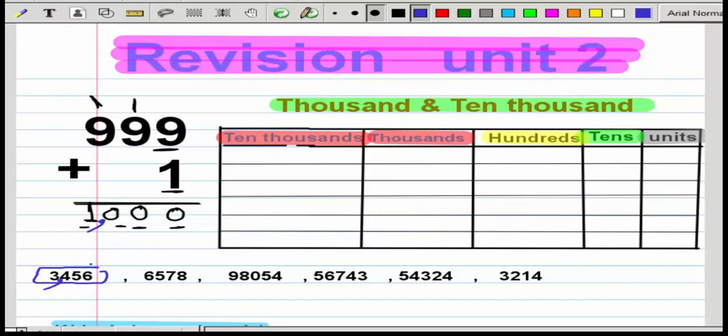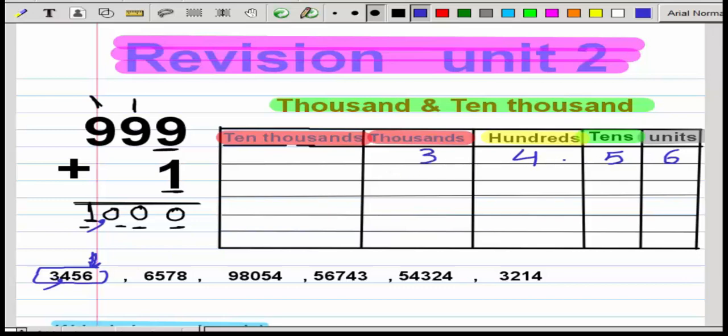The place value of 6 is units, so here we write 6. Here we have tens, equal to 5. The place value of 5 is tens. Here hundreds, 4, and here thousands, it will be 3.